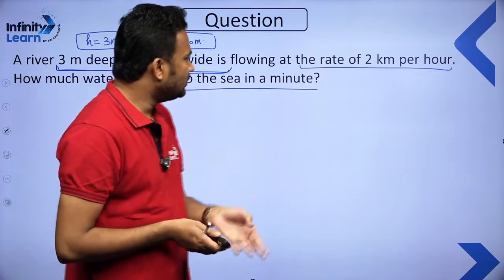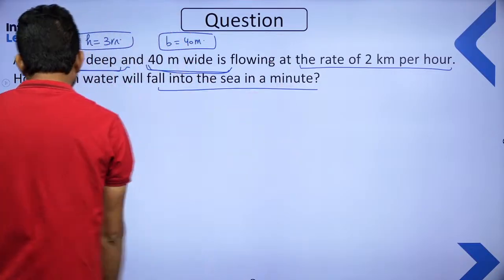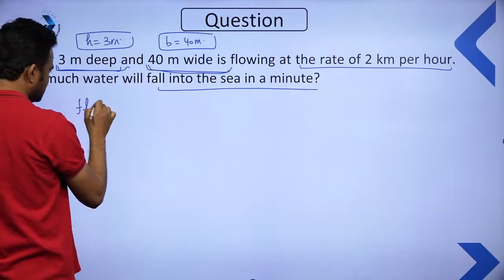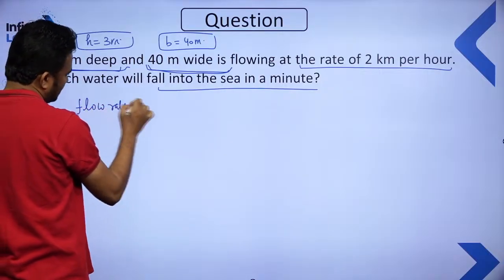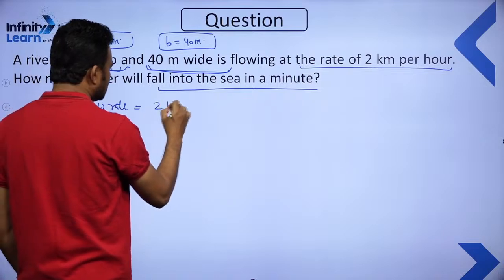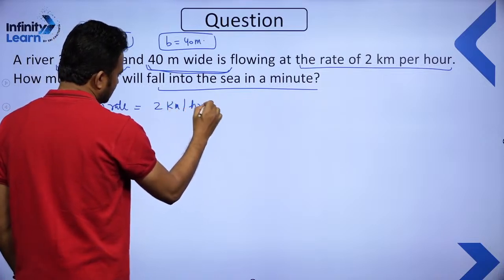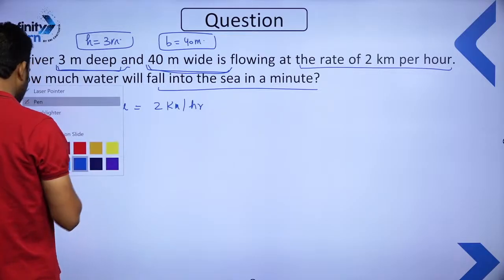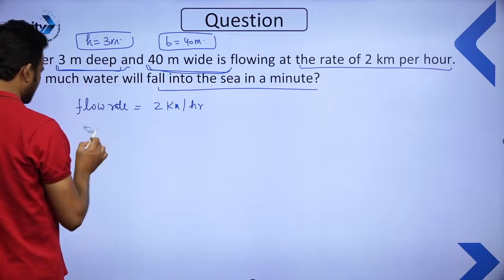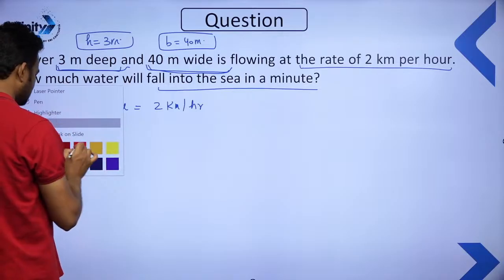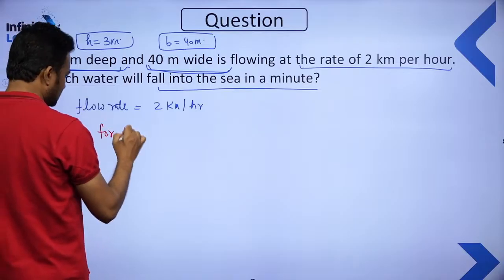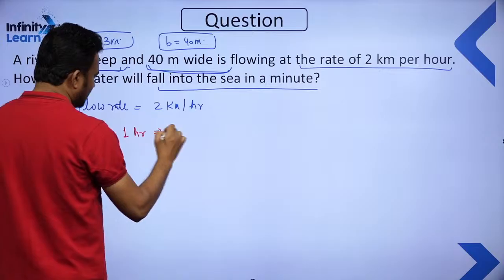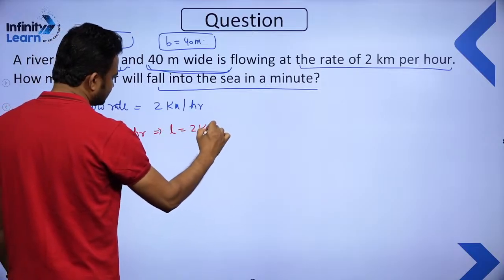So how will we do this? Let us use the flow rate first. What is the flow rate, guys? The flow rate of water is 2 kilometer per hour, which means for 1 hour the length will be 2 kilometer.